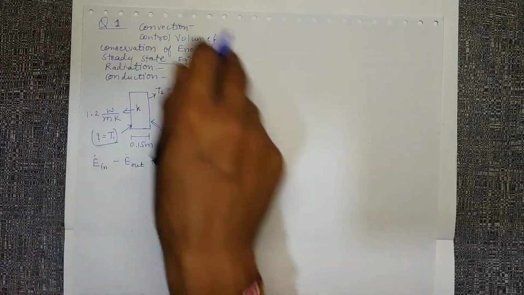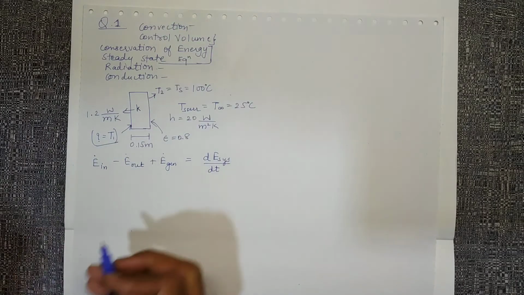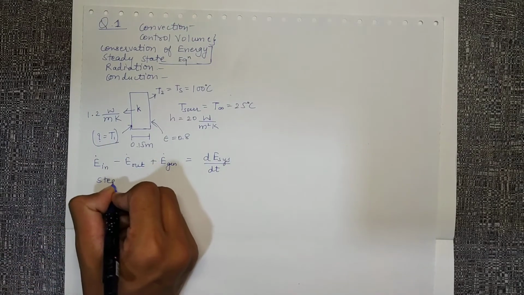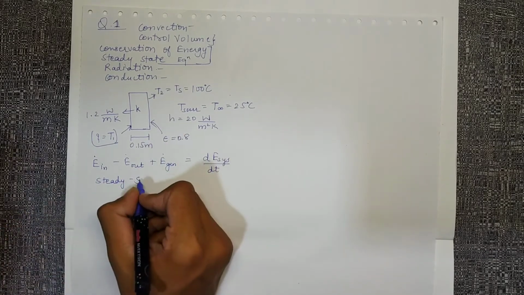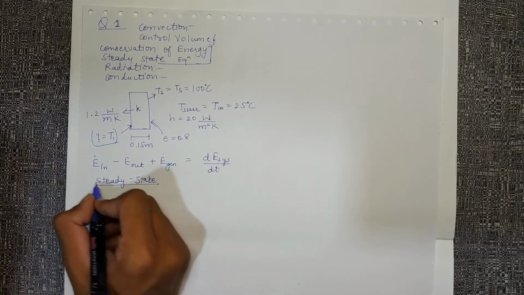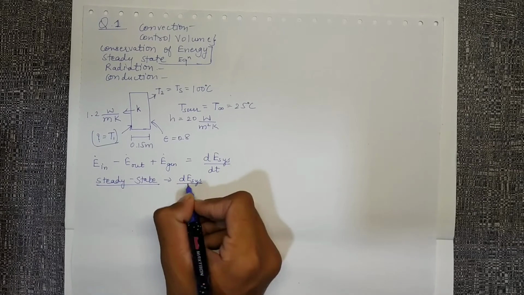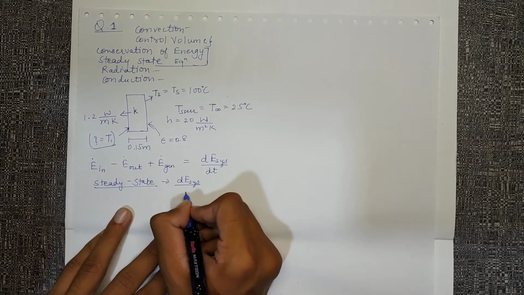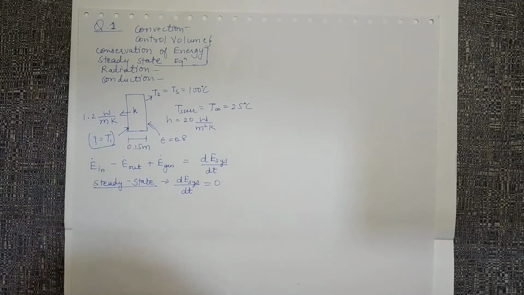Since nothing has been mentioned related to time, we'll assume it is steady state. It may not be mentioned everywhere, but since nothing has been mentioned about time related changes, we'll assume steady state. Hence the change in energy of the system with time, dE system, will be 0, because there is no change with time.